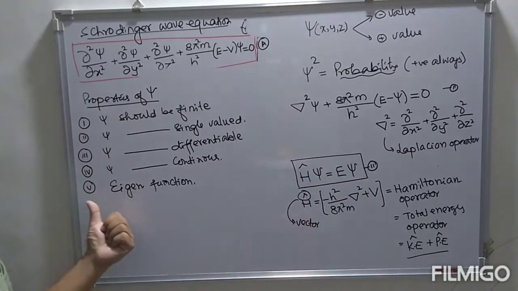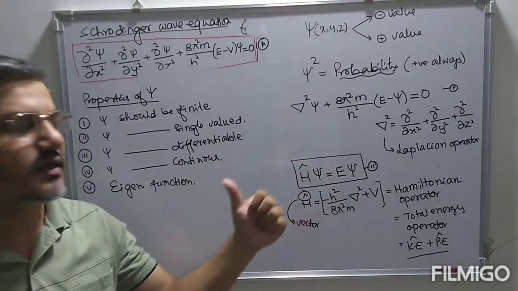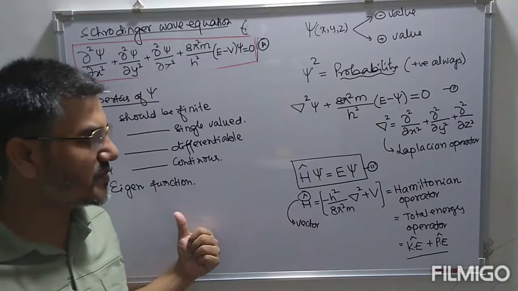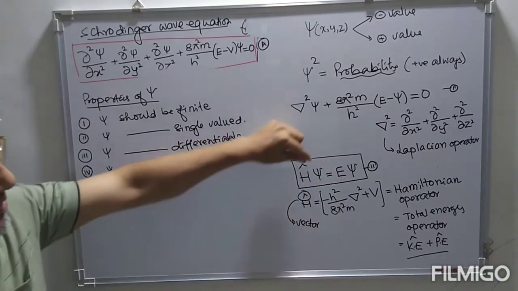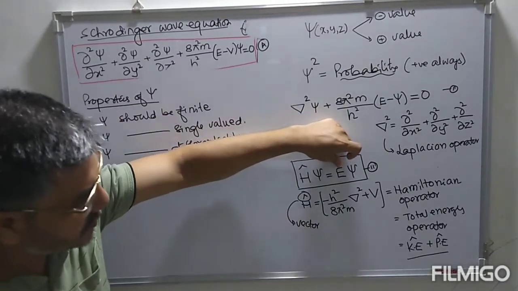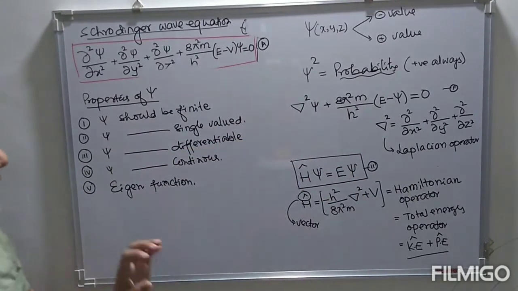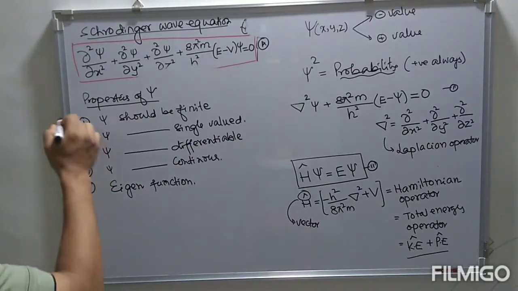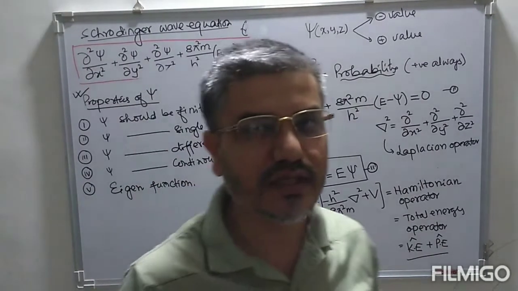So this wave function psi should be an eigenfunction, and these eigenfunctions should always be associated with a constant, which is known as the eigenvalue. So wave function psi should be an eigenfunction, and E should be the constant. That constant is known as the eigenvalue. So these are the properties of an acceptable wave function.